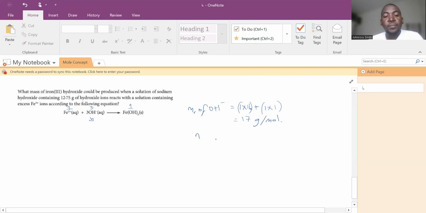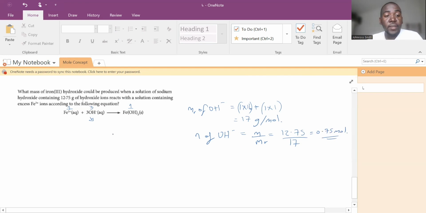So we can find the mole of the hydroxide ion, which is mass over molar mass, which is 12.75 divided by 17. And this gives us 0.75 mole.